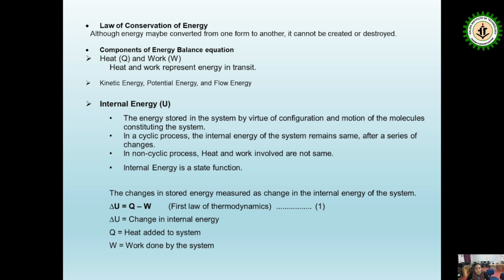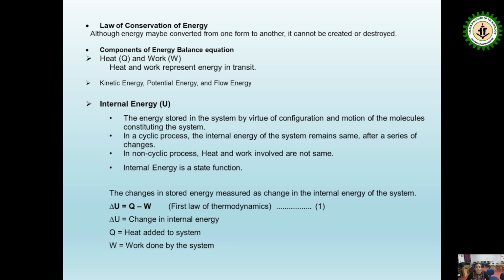In a non-cyclic process, heat and work involved are not the same. In non-cyclic processes, some amount of energy is stored within the system, or some amount of stored energy is released from the system.